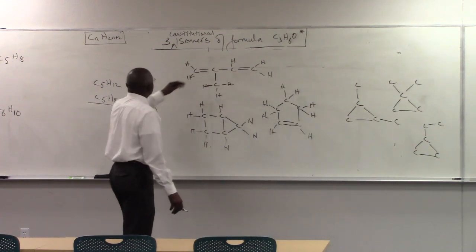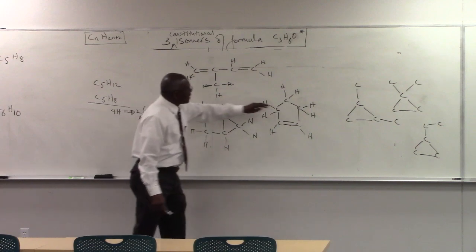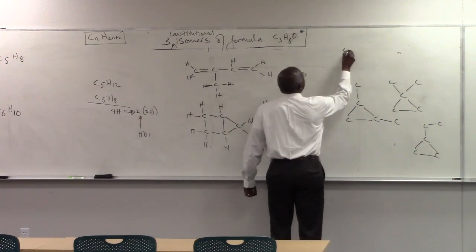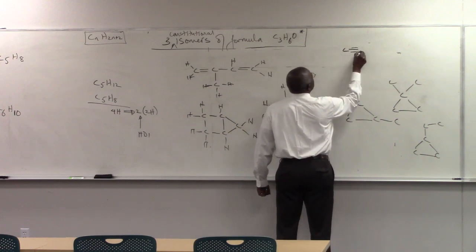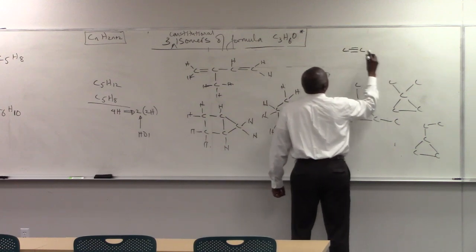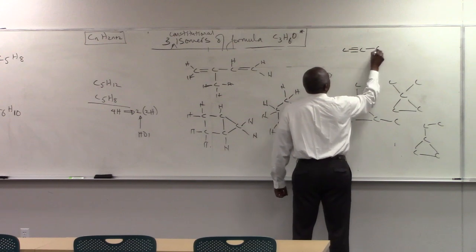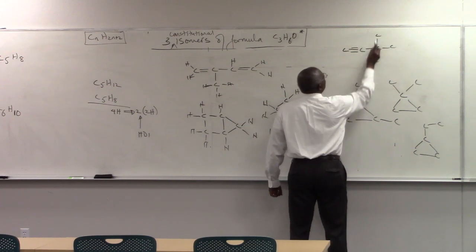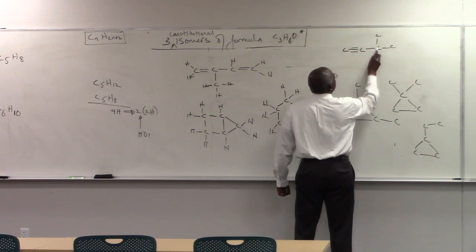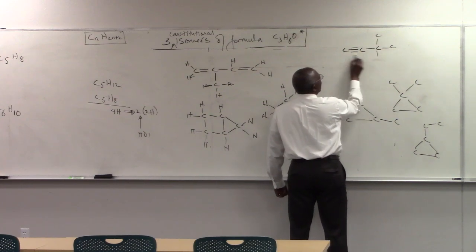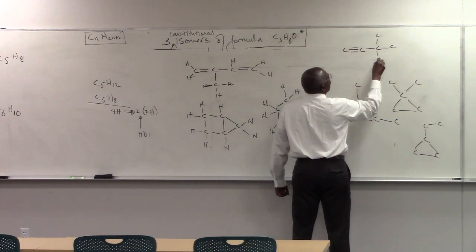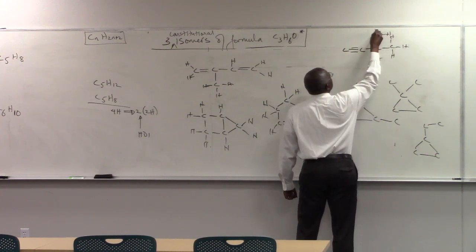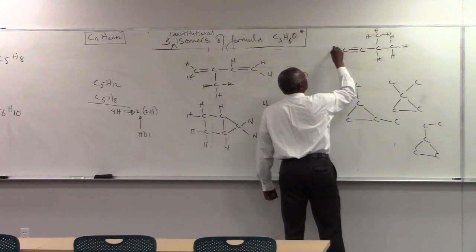So 2 double bonds, 2 rings, a regular double bond, or a triple bond. And I'm just going to be lazy and go C, triple bond C, and then I'm going to put all my carbons here, and that will be fine. So 1, 2, 3, 4, 5, 1, 2, 3, 4, 1, 2, 3, 4, 5, put H, 1, 2, 3, 1, 2, 3, none, 1.